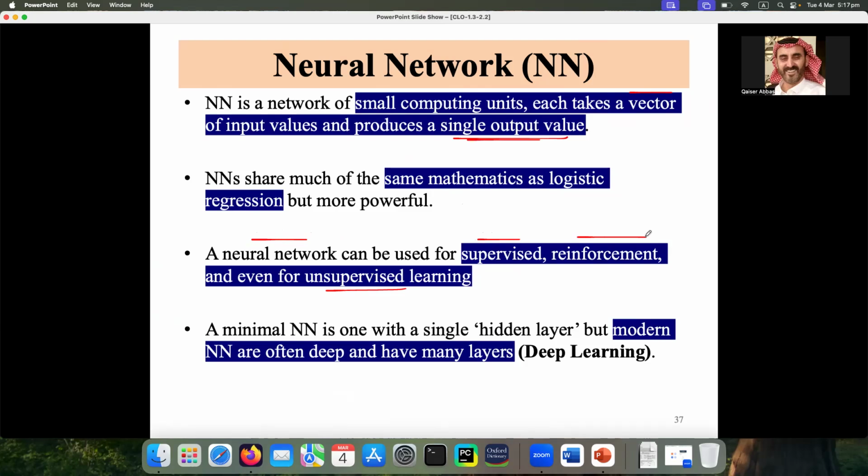Reward and penalty. That is sufficient. If somebody says reward and penalty, it means that he knows that concept. So you can use neural networks in supervised learning, unsupervised learning, and reinforcement learning.